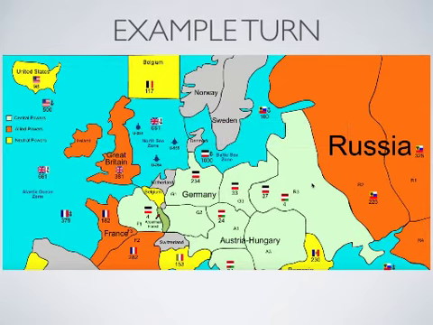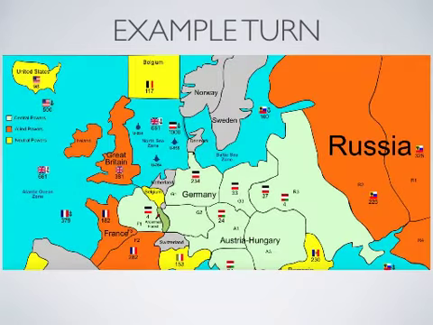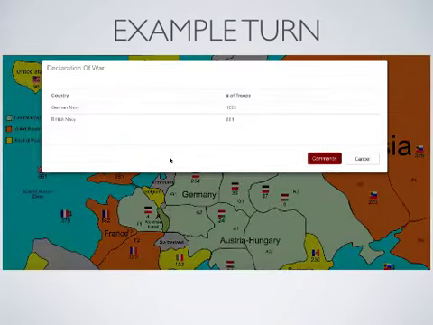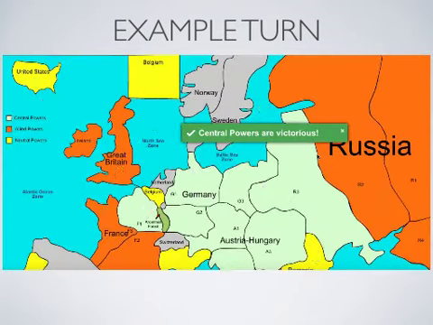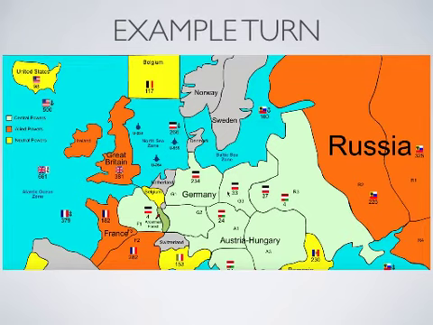Now, if we had any naval battles to conduct, we could do those. Germany would be able to move their navy into the North Sea to attack the British. Commence that battle, and the Central Powers were victorious.